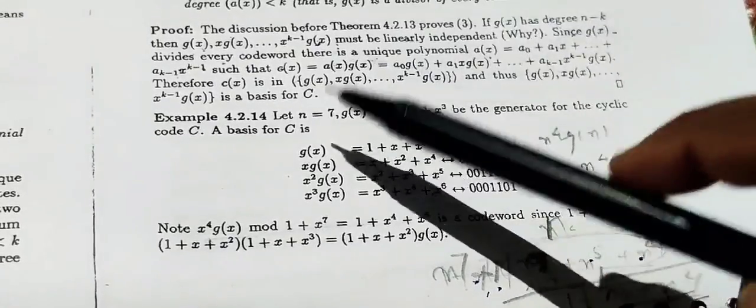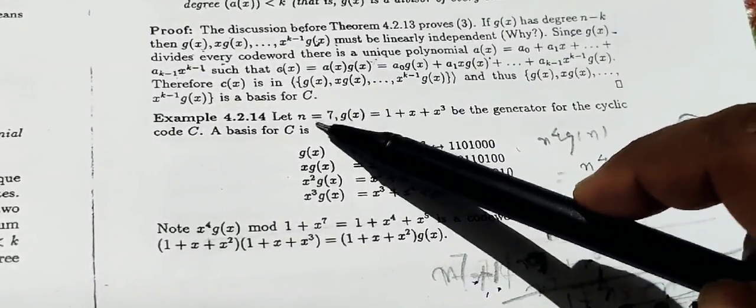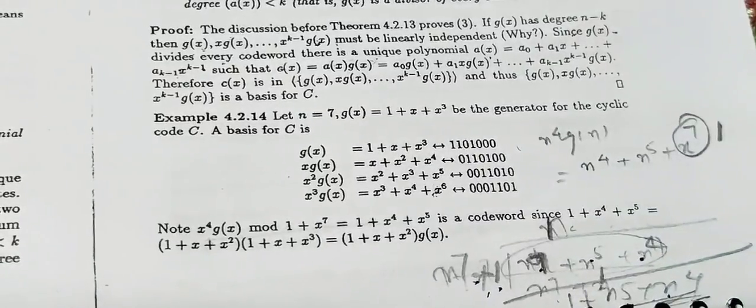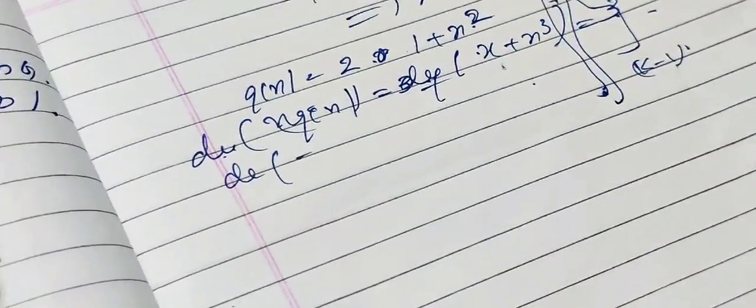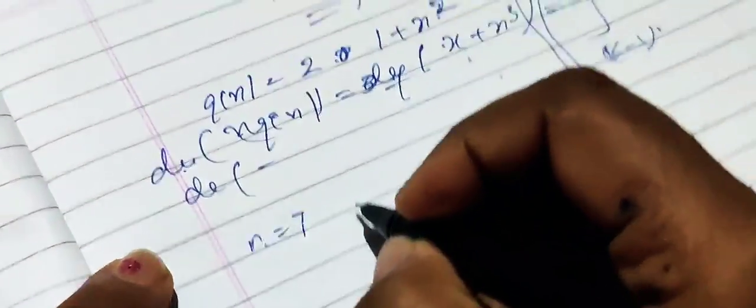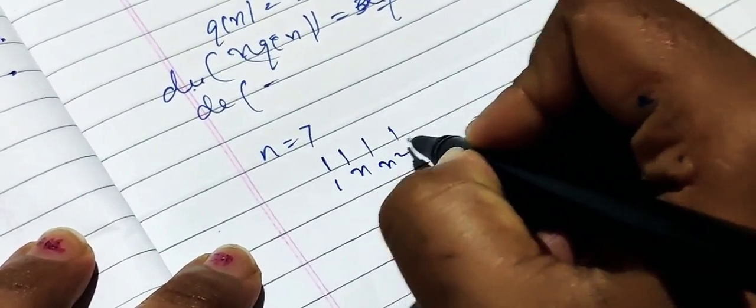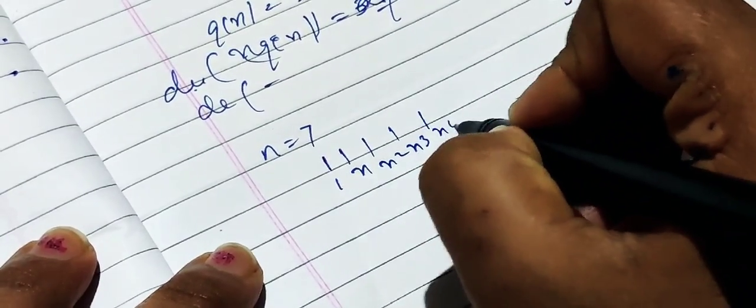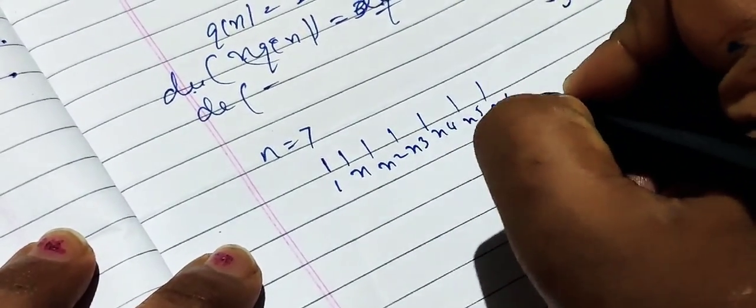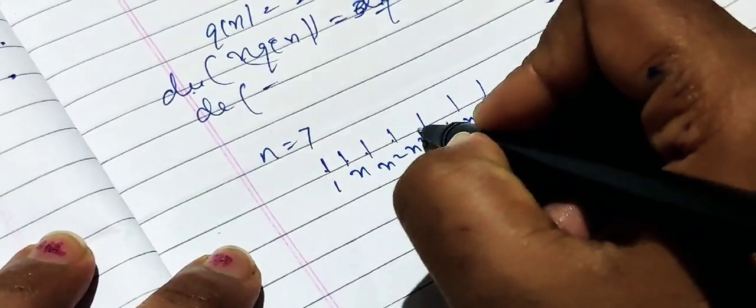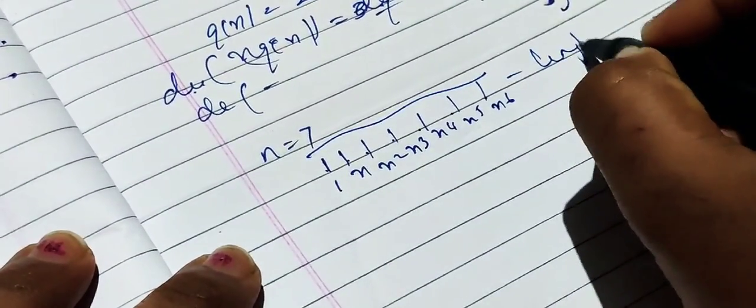Our length n is equal to 7, so for the corresponding polynomial, what are the digits? 1, x, x square, x cube, x raised to 4, x raised to 5, x raised to 6. So 1 2 3 4 5 6 7. So length is 7.